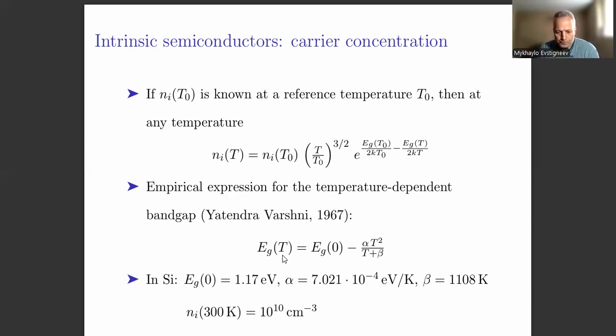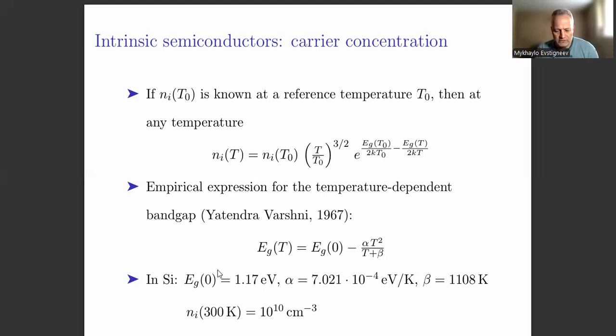So the band gap at the temperature T is the band gap at absolute zero temperature minus this temperature-dependent function, alpha T squared divided by T plus beta, where alpha and beta are parameters and T is the temperature measured in kelvins.